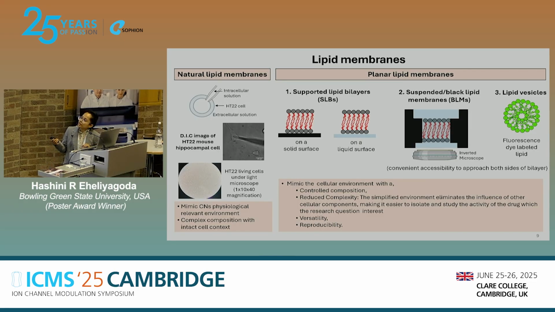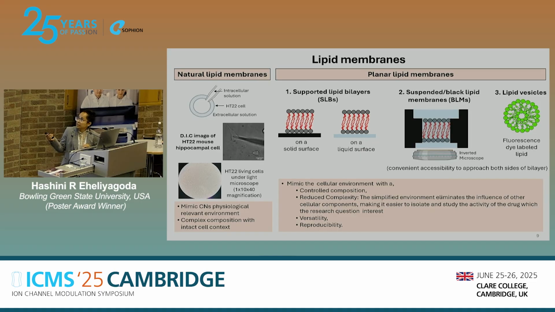I already said that we can get the natural lipid membrane. In this study, we are using the H22 mouse hippocampal cell line, and it mimics the central nervous system environment because it has a complex composition with an intact cell context.